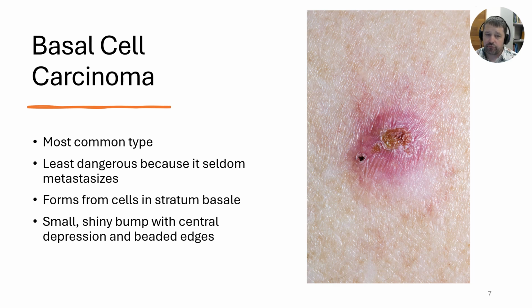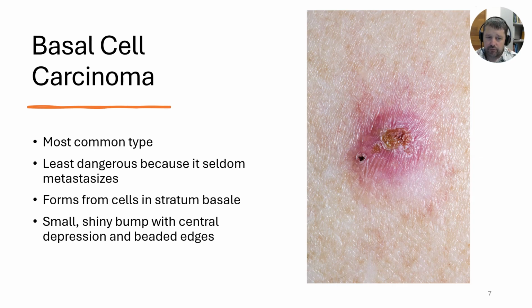It forms at the stratum basal layer, the cell layer we talked about before, where there's a bunch of stem cells. This is where you're getting all your cells growing and going through mitosis, and all those cells that haven't yet differentiated into keratinocytes.